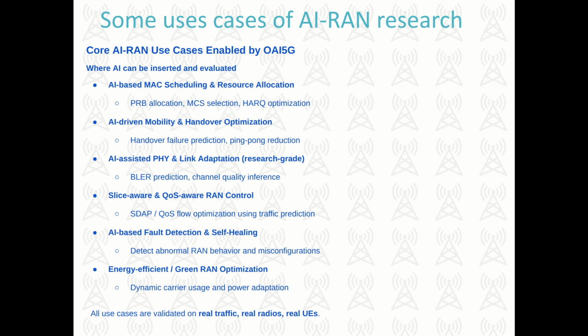Suppose you did something AI for RAN, or some new thing you did, whether you are getting better KPIs in a live network, whether higher throughput is coming, whether the stability is improving, any optimization is happening in terms of functionality, or the durability, or basically the load is coming down, right?